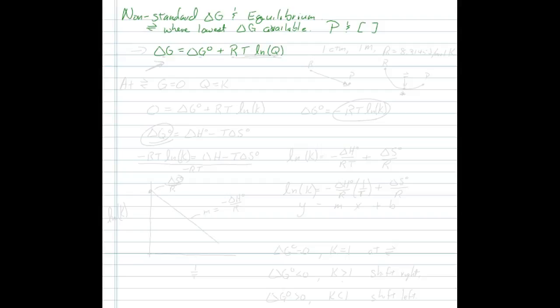Q, remember, is the ratio of products to reactants. The standard conditions for delta G are 1 atmosphere, 1 molar, and R, since we're talking about energy, has a value of 8.3145 joules per mole Kelvin.